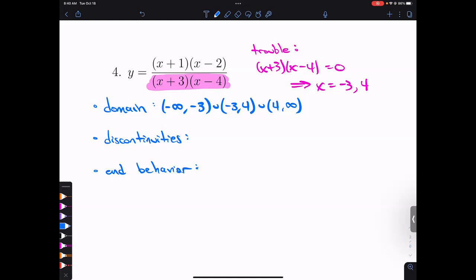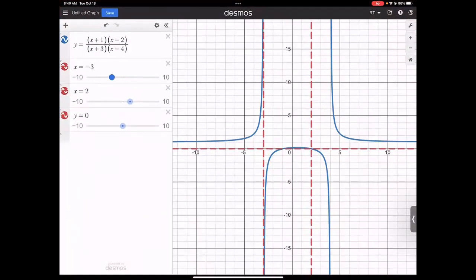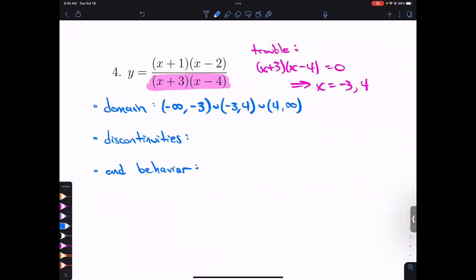Now, of course, you can also look at the graph. -3 is right there. That looks like a place where a vertical asymptote happens. And then 4, same thing, right? Because you don't have that same factor showing up at top and bottom, it's not a hole. That means there are vertical asymptotes, which I'm going to abbreviate, at x equals -3 and x equals 4.